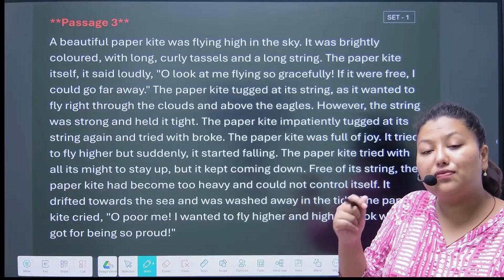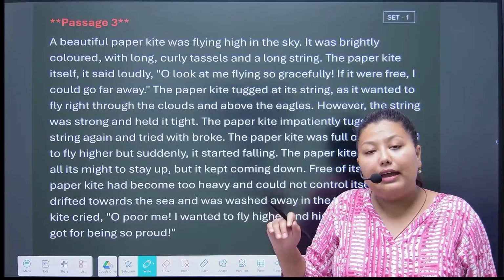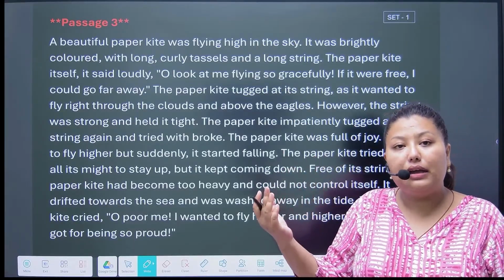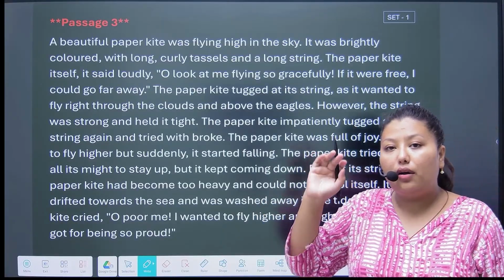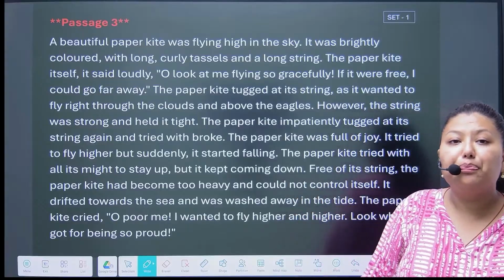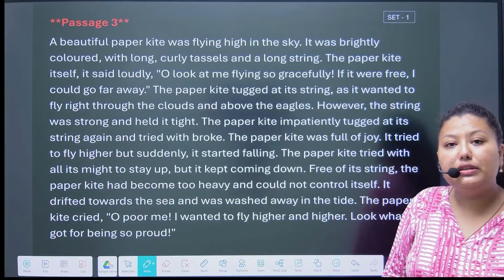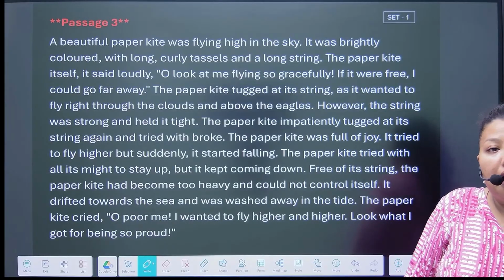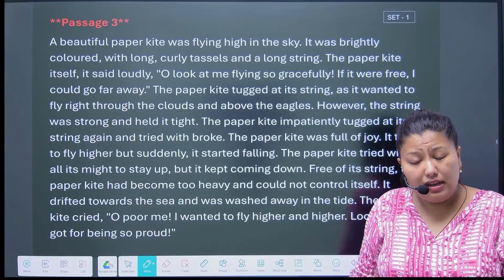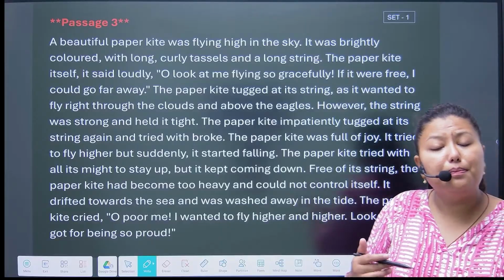The string was very strong and held that paper kite very tight, so he didn't go away from there. The paper kite impatiently tugged at its string again and tried to break it.